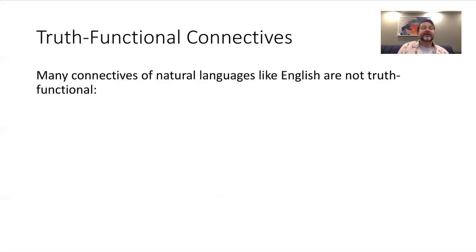Okay, so many connectives of natural languages like English are not truth functional. So we've talked about and then. There are other connectives that are also not truth functional because that exerts or suggests some relationship between the two atomic sentences that make up a sentence using because.